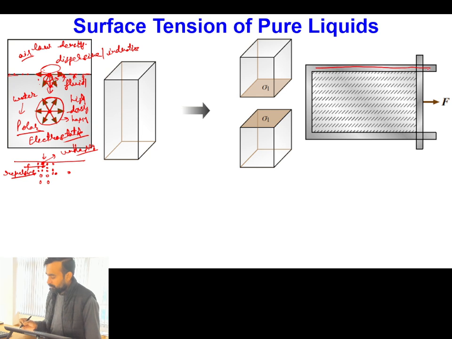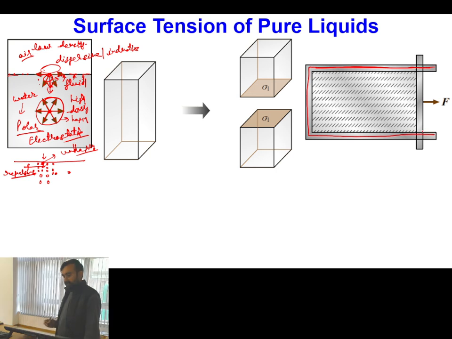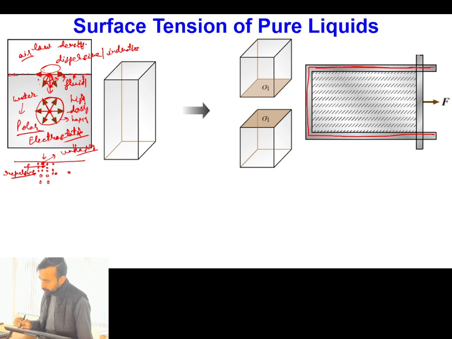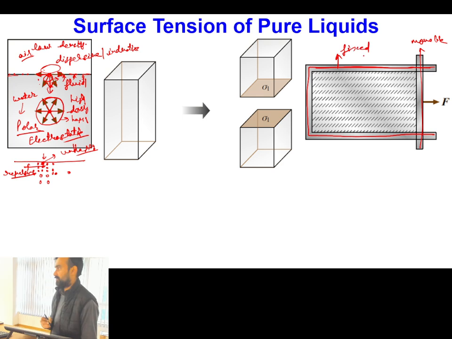experiment. So here we have a 3-bar arrangement, and in this 3-bar arrangement we do have one more bar, and this particular bar is actually movable, whereas the other 3 boundaries of this particular structure are fixed.